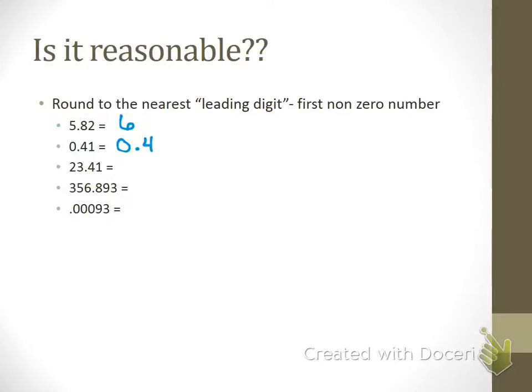Round it to the first non-zero digit. 23 and 41 hundredths? 20. You've got to fill in that 0. 356.893? 400.